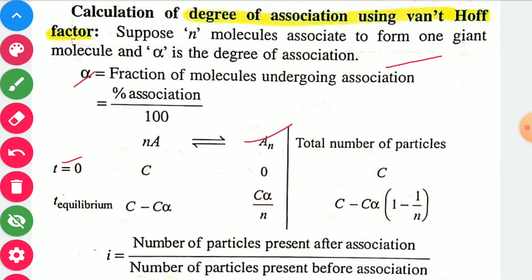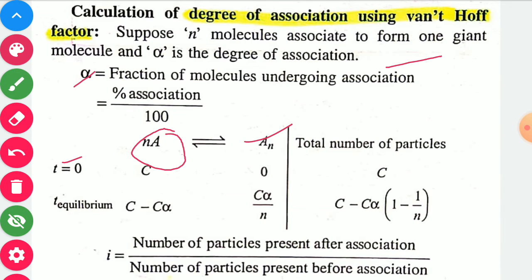At equilibrium, when the equilibrium condition of the association is achieved, at that time the concentration of reactant A becomes C minus C alpha, and concentration of An becomes C alpha upon n.